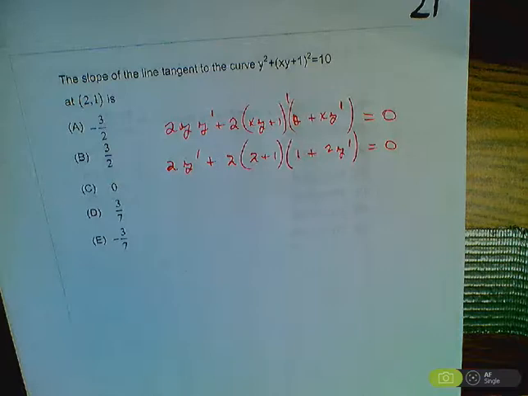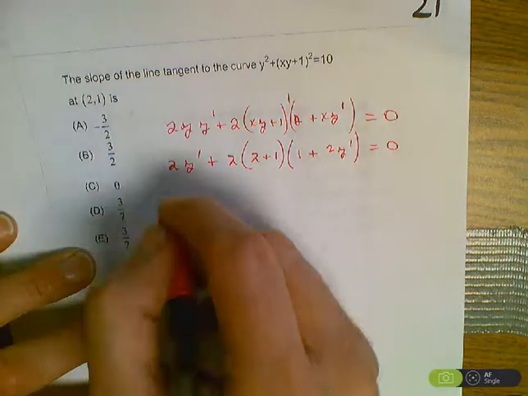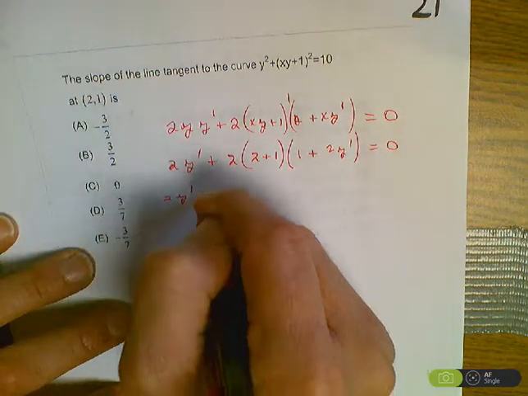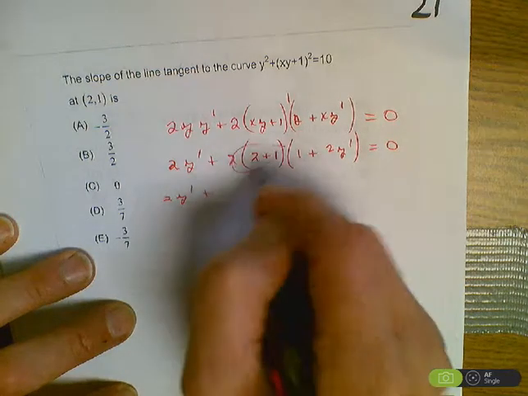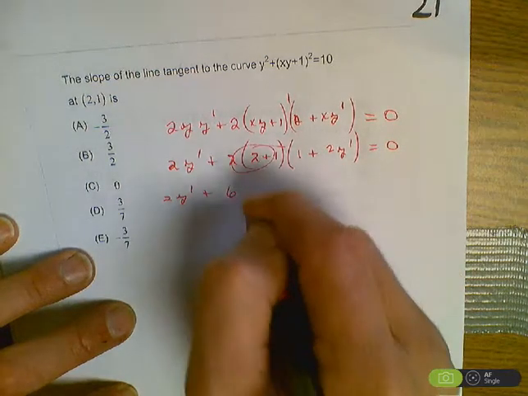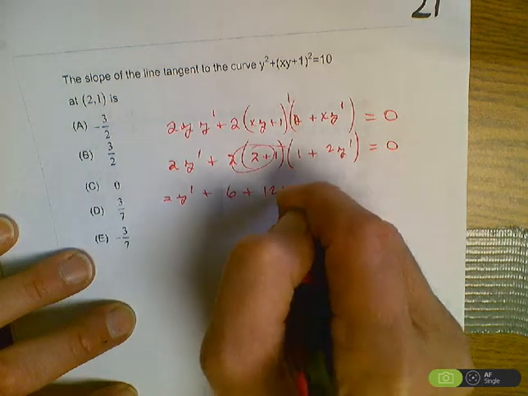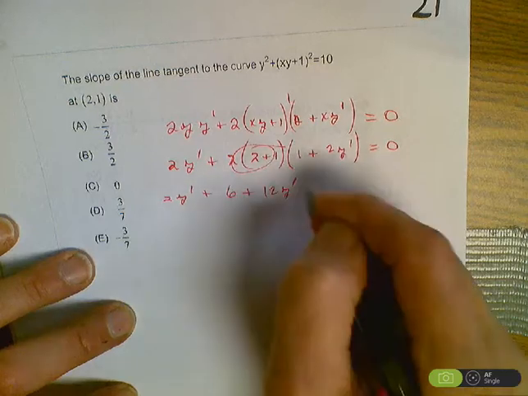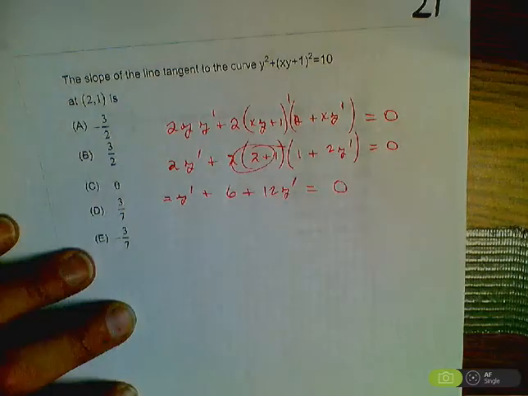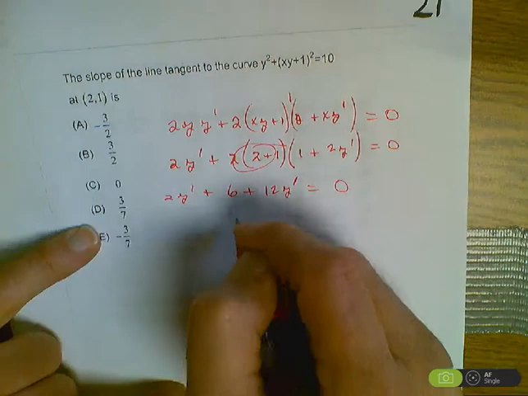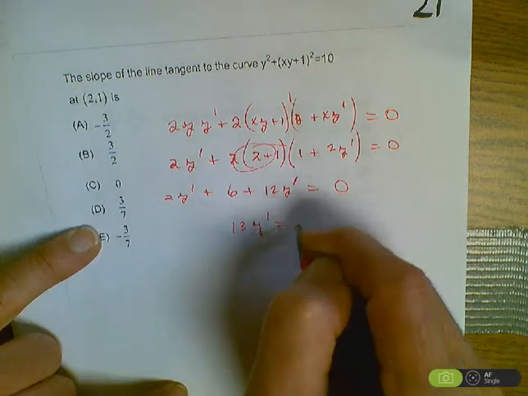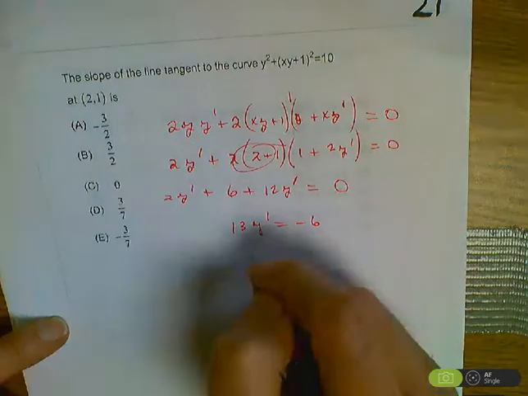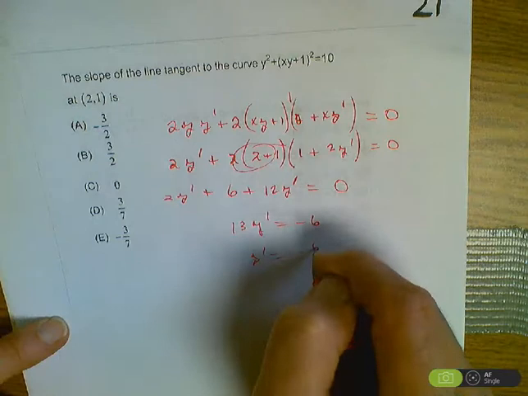Okay, now what I'm going to do next is simplify my numbers. 2y prime plus 2 times 3 is 6. I'm taking a 6 and distributing it. 6 plus 12y prime equals 0. So I know that 13 y prime is equal to negative 6. y prime is equal to negative 6 over 13.